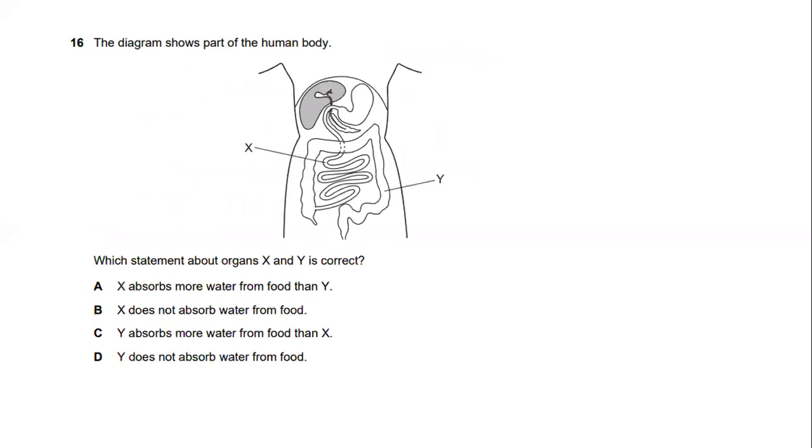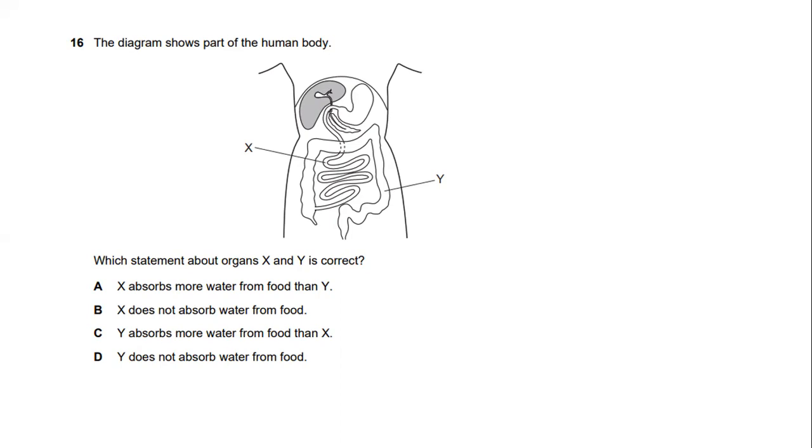Okay. The diagram shows part of the human body. X represents the small intestine, and Y represents the colon. What is the function of the intestine? The small intestine absorbs nutrients like vitamins, minerals, carbohydrates, fats, protein, and water from food, so that it can be used by our body.